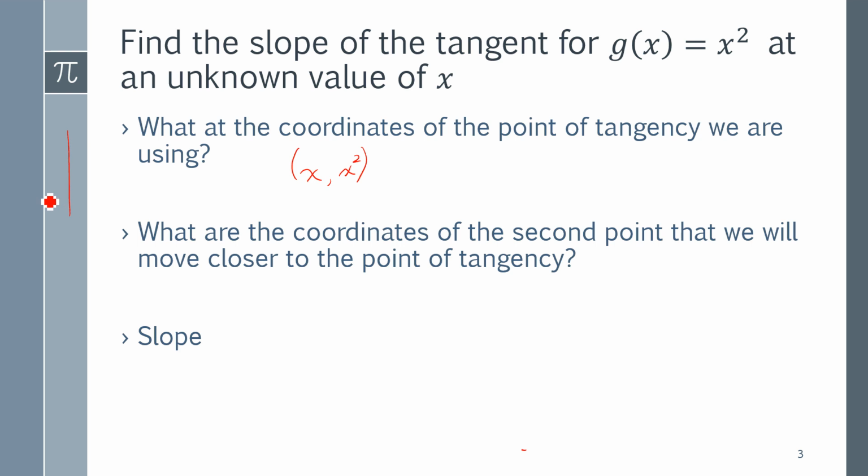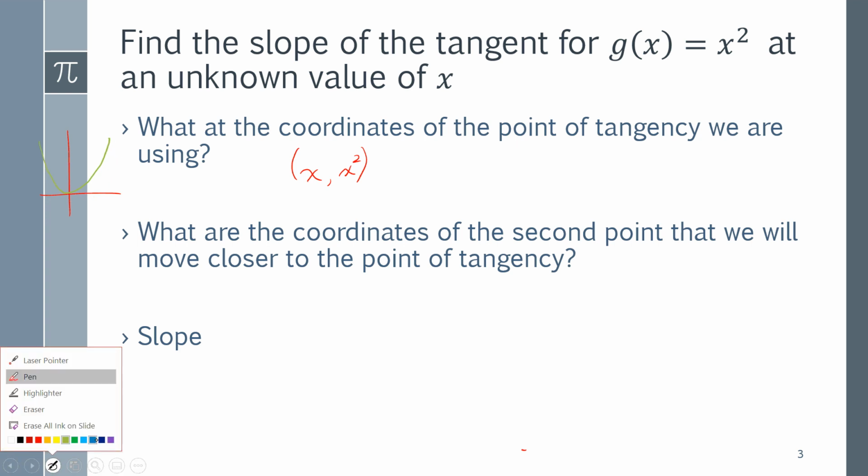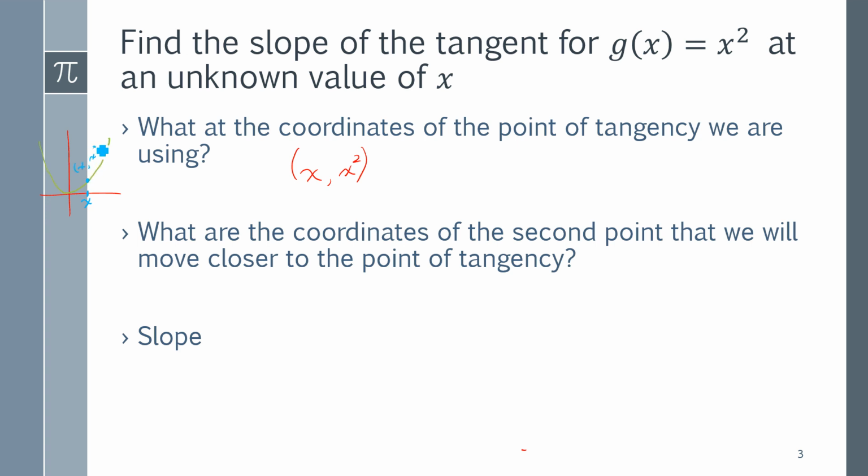So if I'm thinking graphically, here's my function, and I'm just picking a point. Here's x, which makes this x squared. But then I want to pick a second point, a horizontal distance of h away, so that that x coordinate will be x plus h.